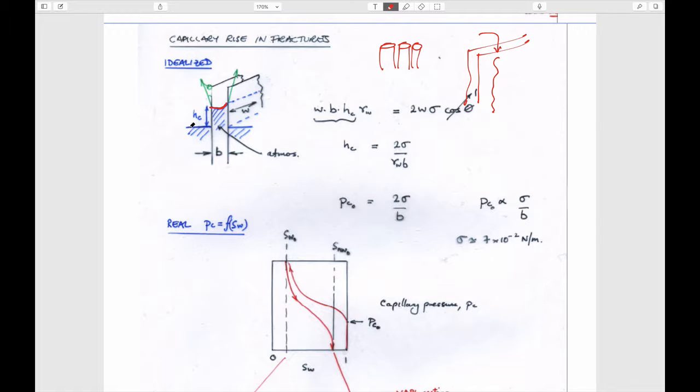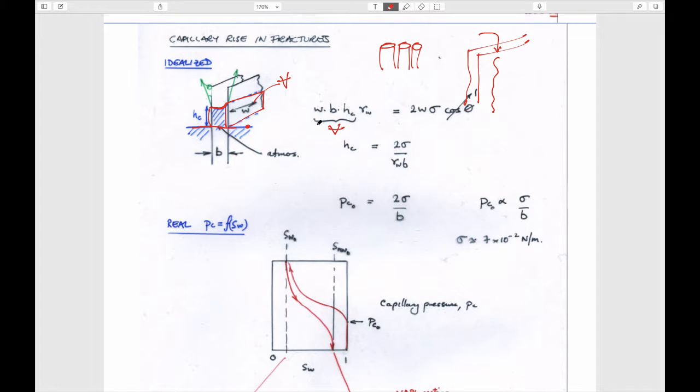Same as before, we can cut it at the bottom because the pressure is the same there, and we can do a force balance. The force balance uses the volume of the fluid that we cut off, which is just this red volume here: height, width, and aperture.